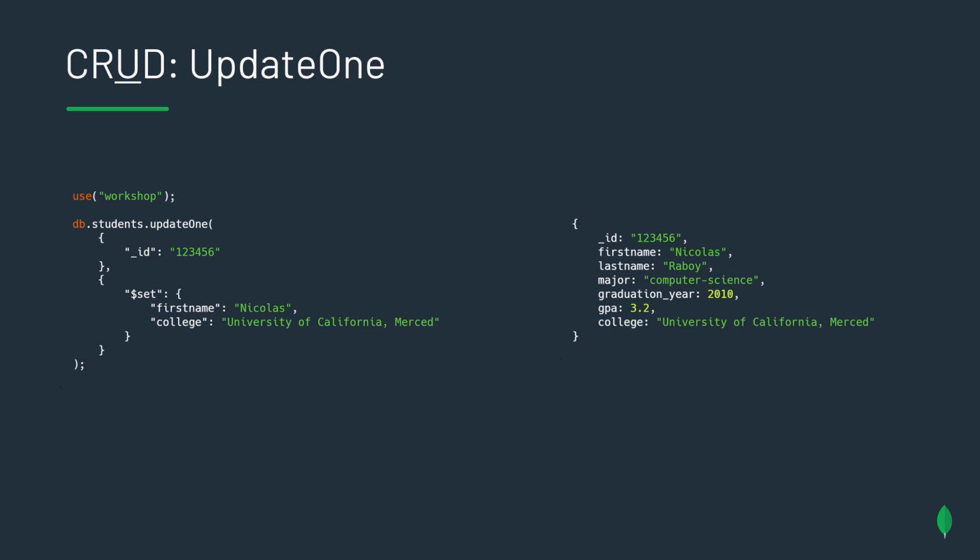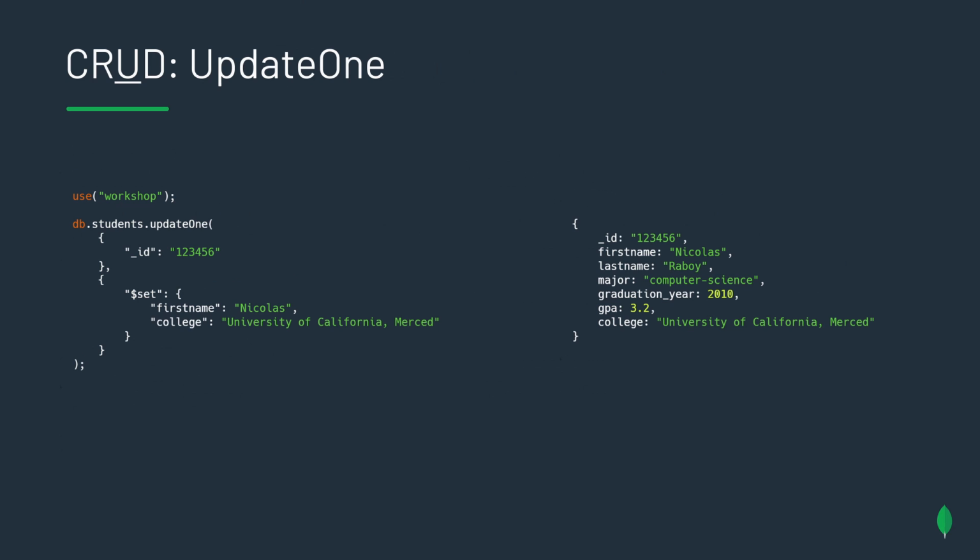So the UpdateOne, it's similar to the find and similar to an insert in the sense that the first part of this, the first object, is the filter. So we're filtering in this case by the unique ID. If one document matches, then we're going to use the modify criteria. In this case, we're going to use the set operation, and we're going to set the first name and college fields.